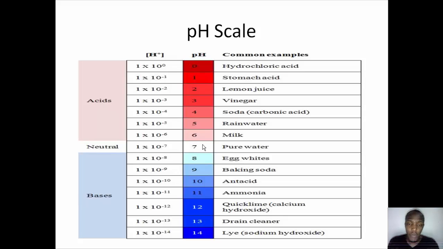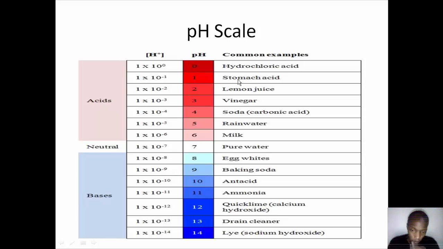On a pH scale, we have acids that go from 0 to 6.9, or 0 to 6, and then you have your bases that go from 8 to 14. Your common acids, like hydrochloric acid, which is HCl, has a pH of 0. Stomach acid, lemon juice, vinegar, soda, rainwater, milk, things that you would typically eat are acids.